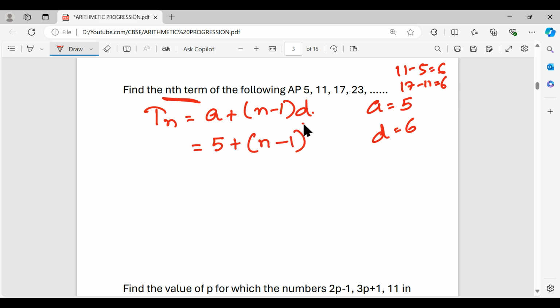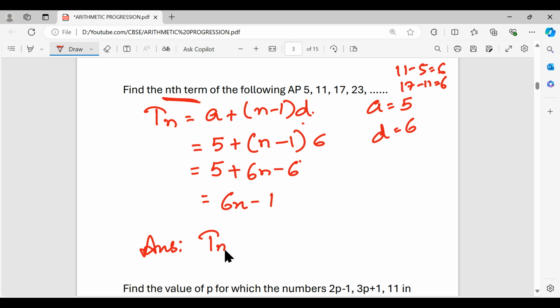So value of n is n itself and d is 6. Now we will simplify this. 5 plus 6n minus 6. So you will have here 6n minus 1. So we will say that our nth term is 6n minus 1.